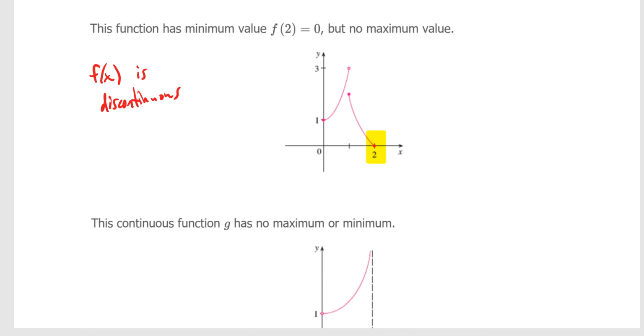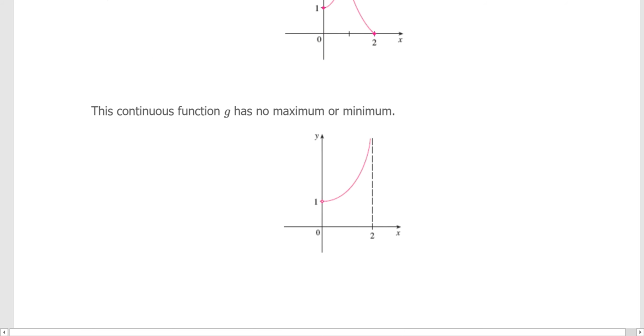We can see that there's that big jump at x equals 1. There's a big jump right here. So that means it's discontinuous. So that's why the theorem does not hold true for this instance. And we can see that it has no maximum value because there is a hole at that value right there.